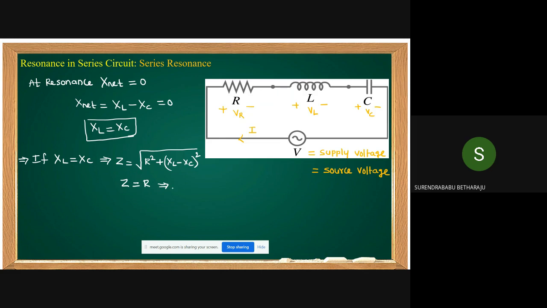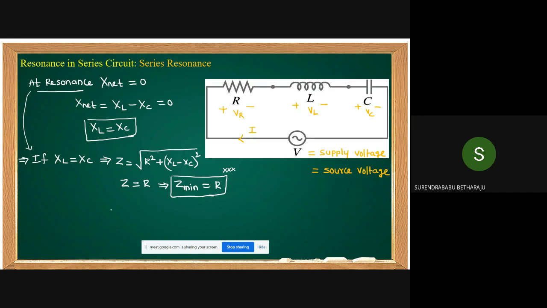At resonance condition, this Z is a minimum impedance, because the reactances cancel. So at resonance we get the minimum impedance, and that is nothing but the resistance. All these are the observations at resonance condition.